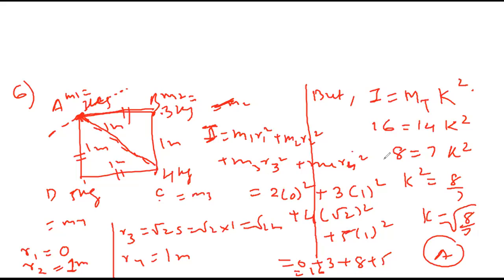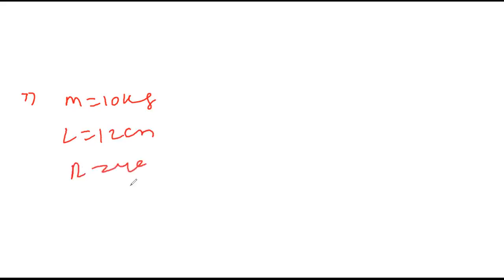Done? Okay, come to the seventh. The moment of inertia of a hollow cylinder having mass 10 kg, length 12 centimeter, radius 4 centimeter, about its own axis will be. See, it is a hollow cylinder.